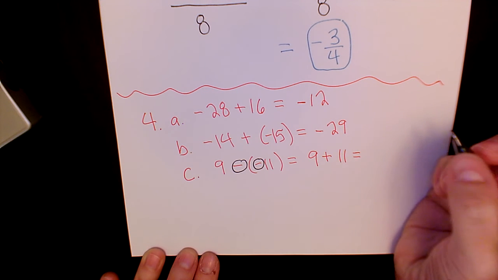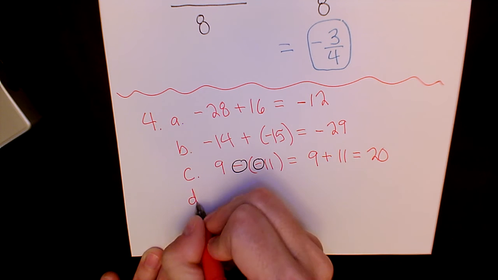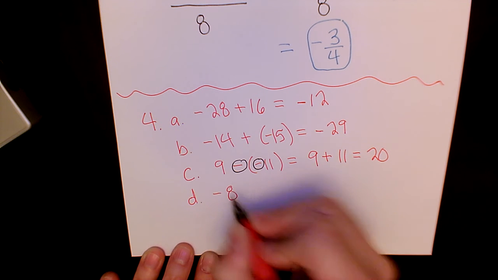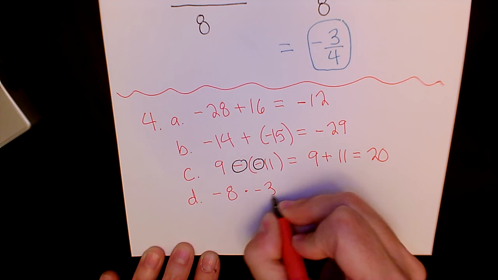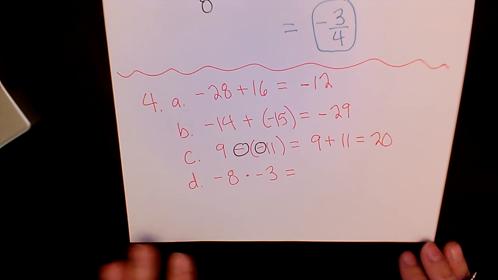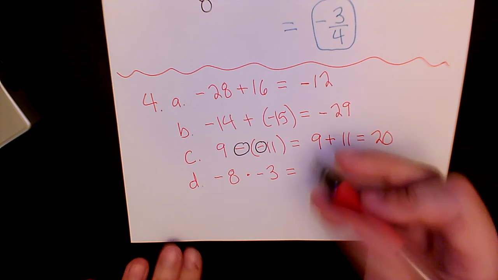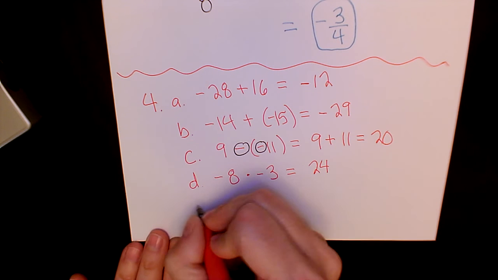So what is 9 plus 11? It's 20. And then I've got a multiplication, negative 8 times negative 3. A negative times a negative is a what? A positive, 24.